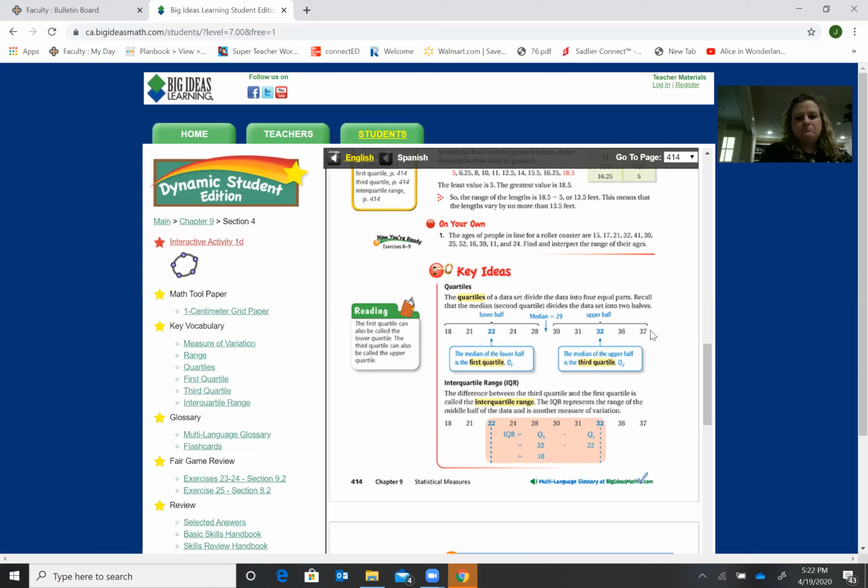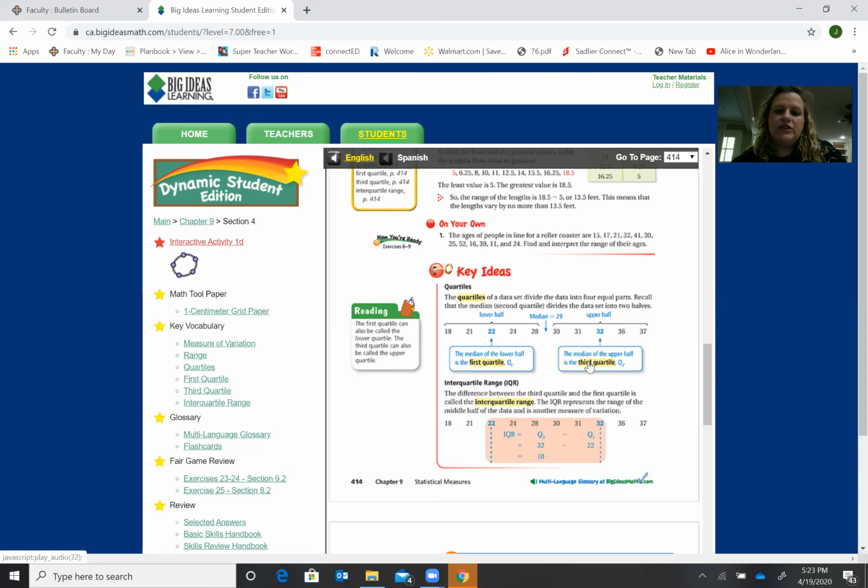Now, we can also find something called the interquartile range. If you recall, the range was the difference between the least and the greatest, so the greatest amount minus the least. The interquartile range is the difference between the third quartile and the first.